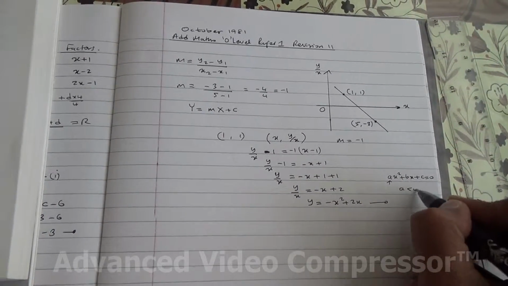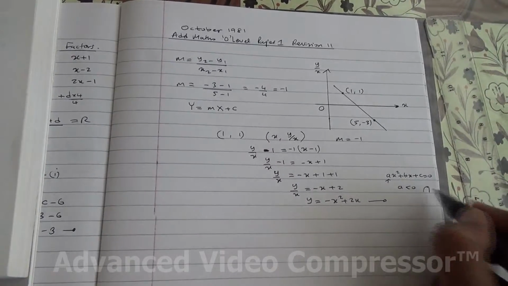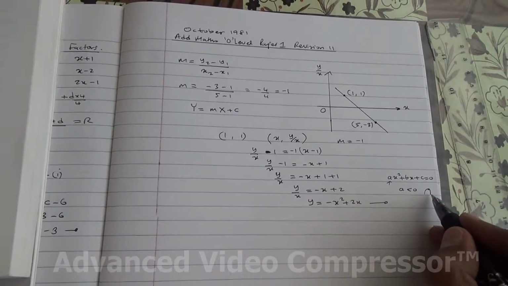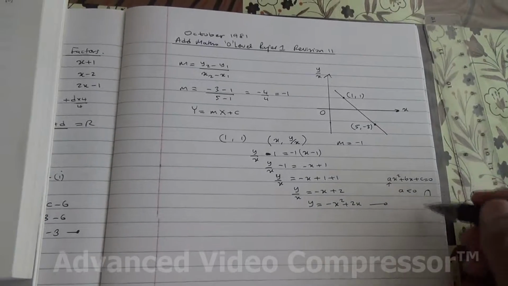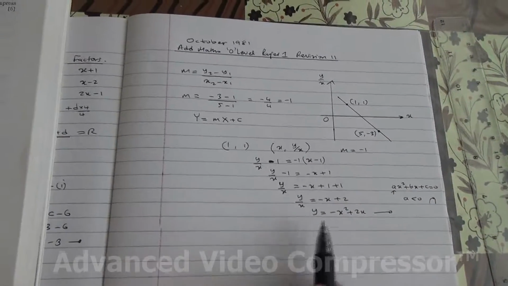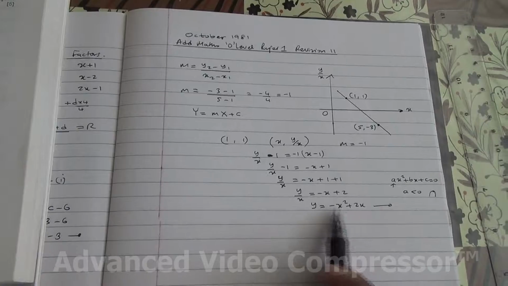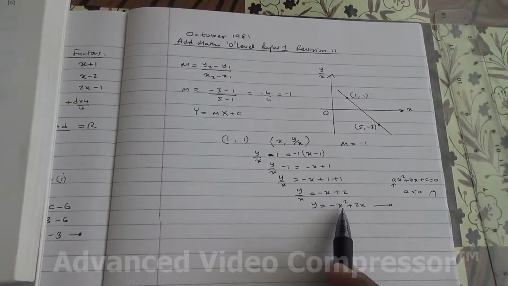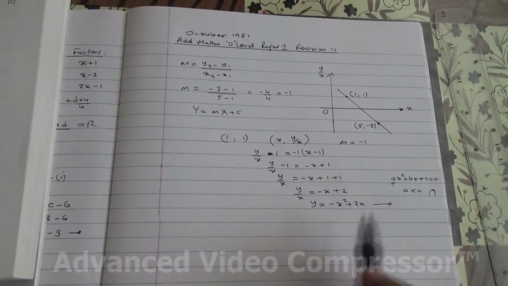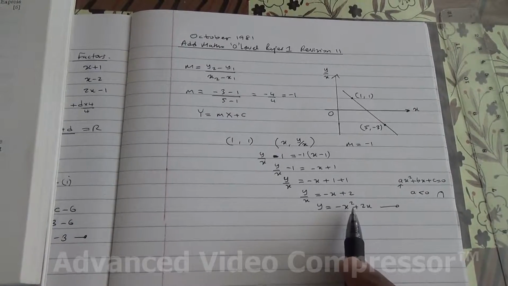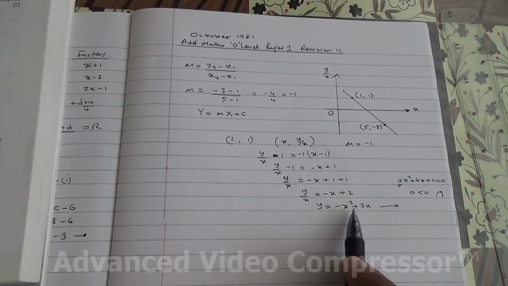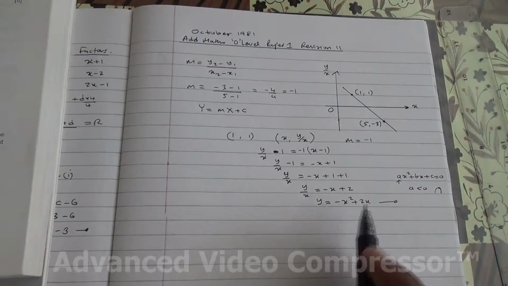If a is less than 0, then the curve is going to have a maximum. The curve will go like this, an inverted U shape. So this is going to be a curve where we have a maximum point, not a minimum point like a U shape. We can put this into the completing the square form.